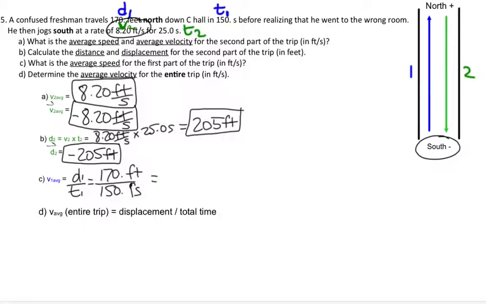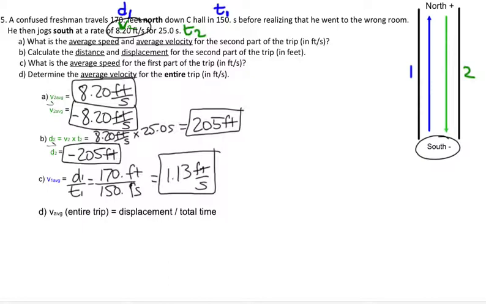So, 170 divided by 150 is, with 3 sig figs, 1.13 feet per second. So that is the average speed. No direction needed because it's a speed and not a velocity.